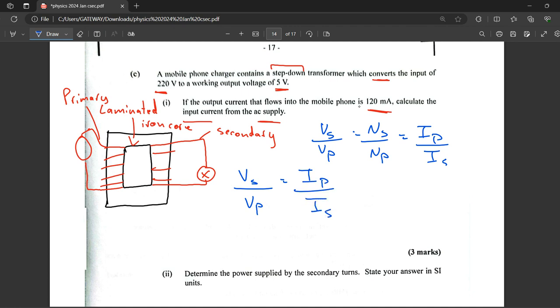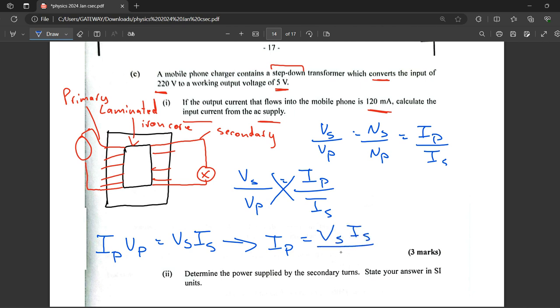They wanted to know the input current. The input current will really be the current in the primary coil. So we cross multiply and we solve it for Ip. So Ip by Vp would be equal to Vs by Is. So Ip, the primary current, is equal to the secondary voltage multiplied by the secondary current all over the primary voltage.